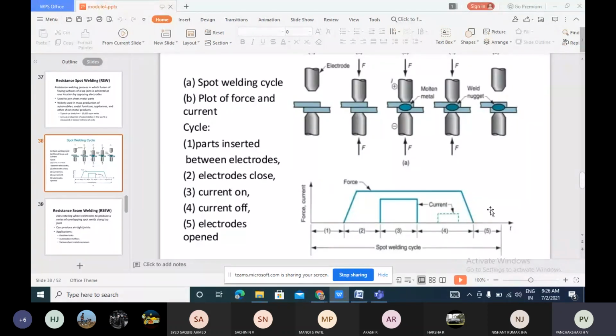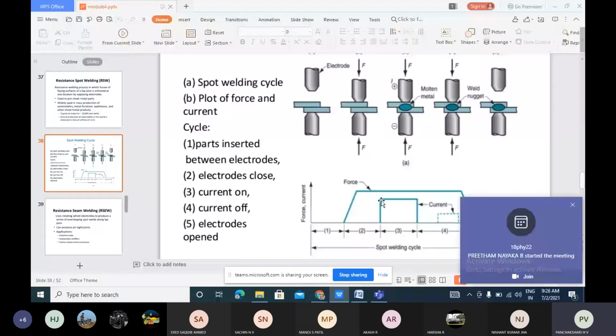And you can also see the current, how exactly it operates. You can see the current in the third stage. It is connected to power, so the current immediately starts flowing rapidly, and then that current is maintained for a short period of time, so that it offers resistance, the buildup, and then heat is developed, and then melting takes place.